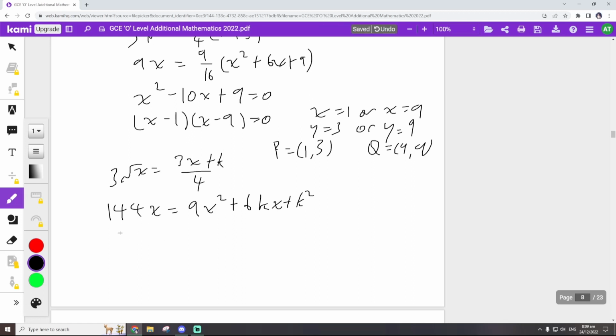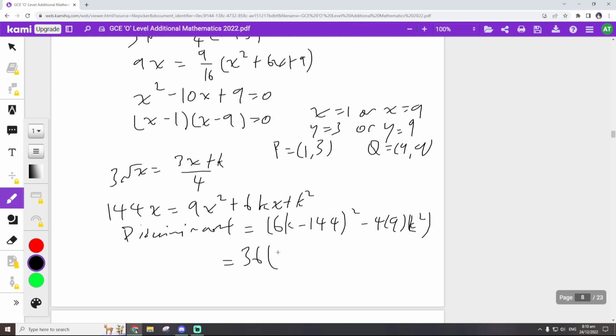So I need the discriminant of the quadratic equation. The discriminant of the quadratic equation is (6k minus 144) squared minus 4 times 9 times k squared. Okay, and I can actually factor out the 6 here, and I'll get 36 times (k minus 24) squared, which is k squared minus 48k plus 576, minus 36k squared.